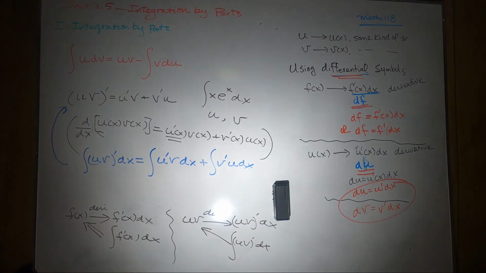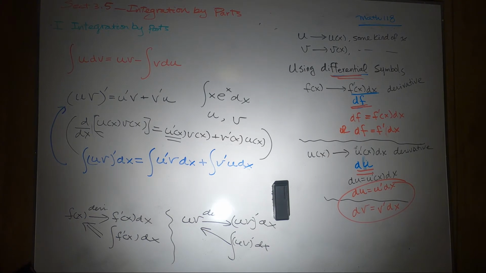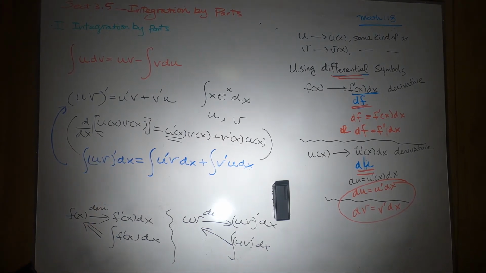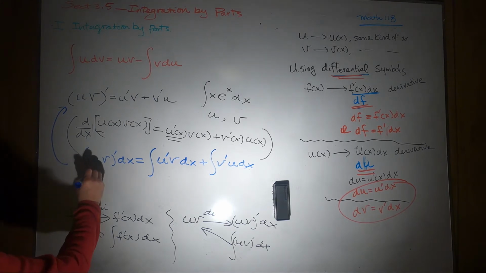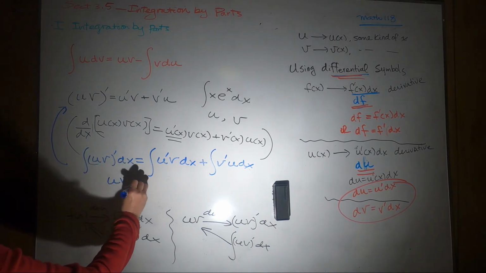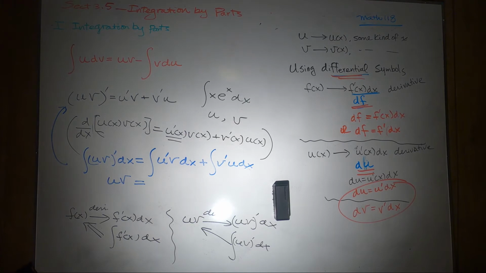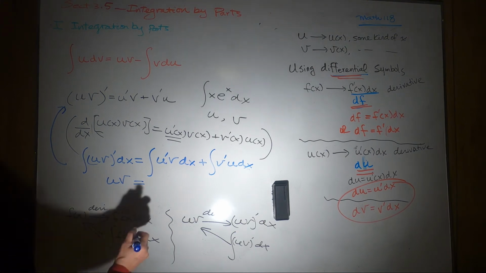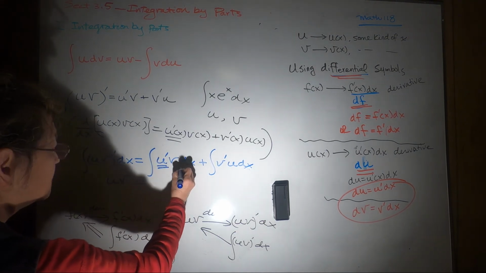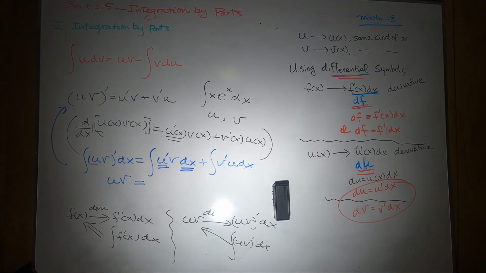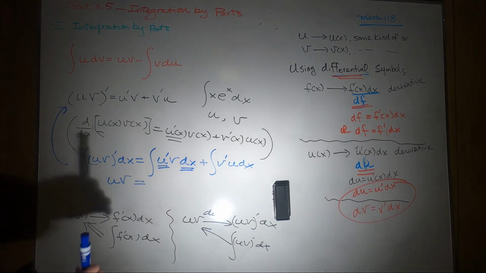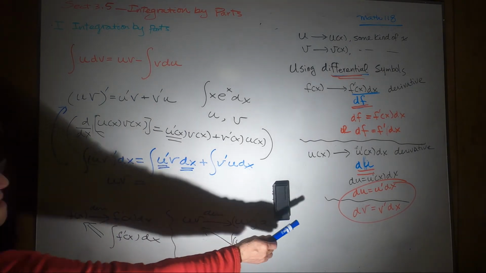You go back to uv. So what you have here is your uv. And this one, u prime dx, is what?